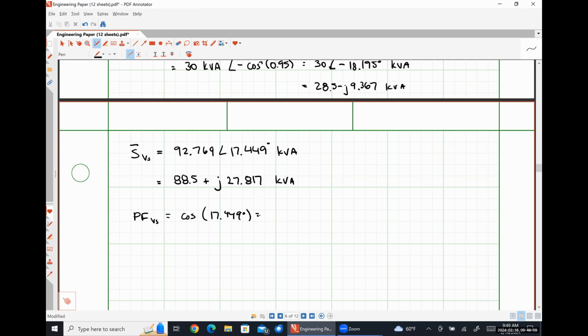So cosine of the angle of what I have stored as z, or 0.954. Is this leading or lagging? Lagging. Why do you say that it's lagging? You're correct. Exactly right. So effectively, if the angle is positive, it's a lagging power factor. If the angle is negative, it's a leading power factor.